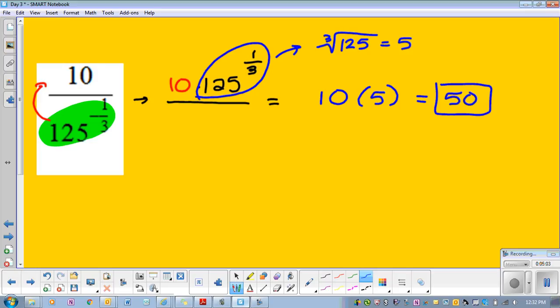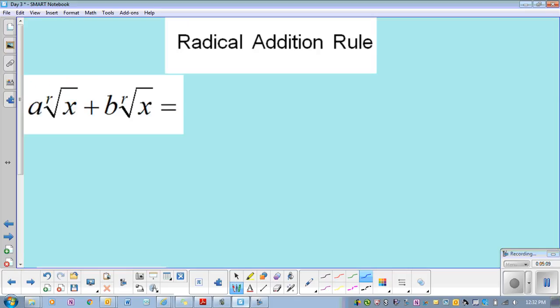All right, so then let's look at the radical addition rule. All right. So with this, there are a couple things that you need to remember, okay?